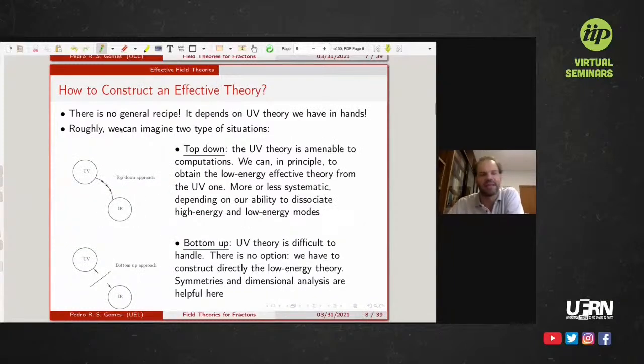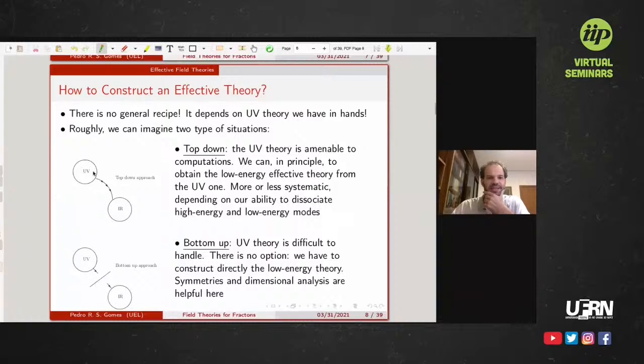Okay, so the next question is how to construct an effective field theory. Okay, so there is no general recipe. It depends on the UV theory we have in hand, but roughly we can imagine two kinds of situations. Okay, so let's discuss these two kinds of situations. The first one is usually called the top-down approach.